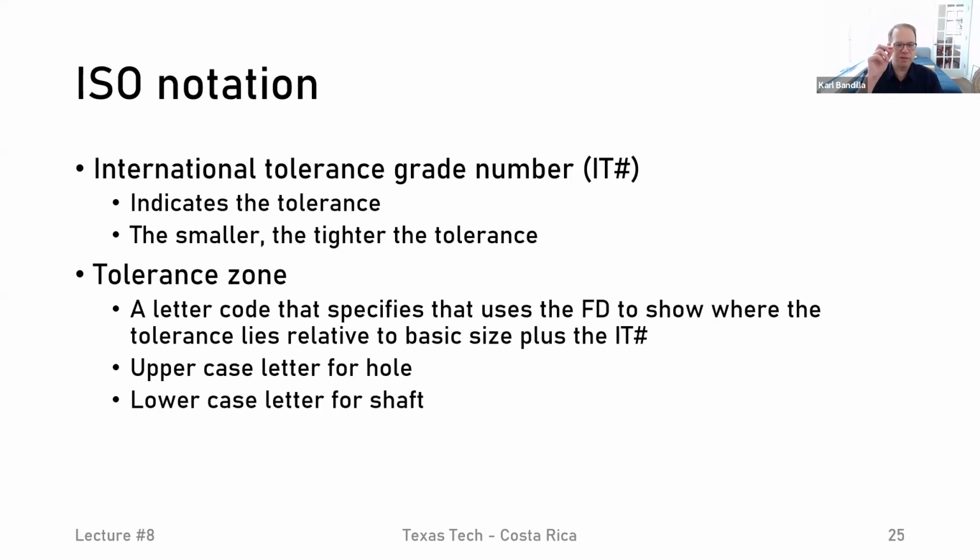The tighter the tolerance means less extra space. And then the tolerance zone is a letter code that we use to say where that tolerance is. Is it going up? Is it going down? And that tolerance zone has an uppercase letter for the hole and a lowercase letter for a shaft. So we'll see that.